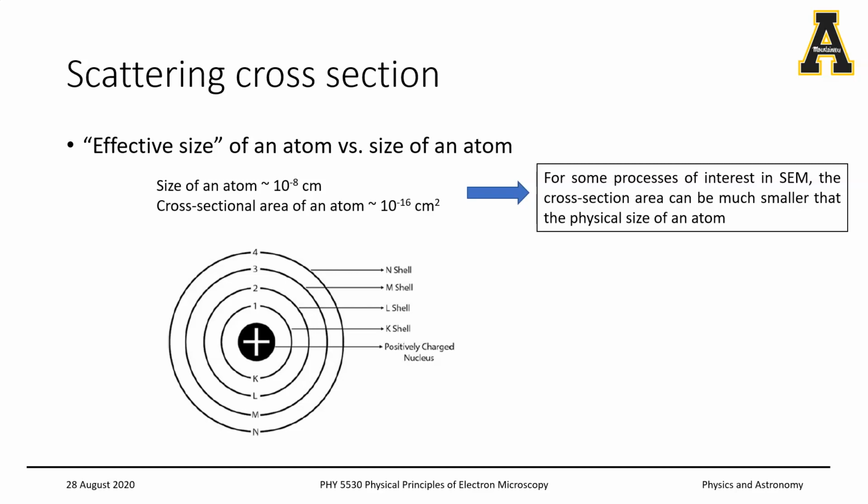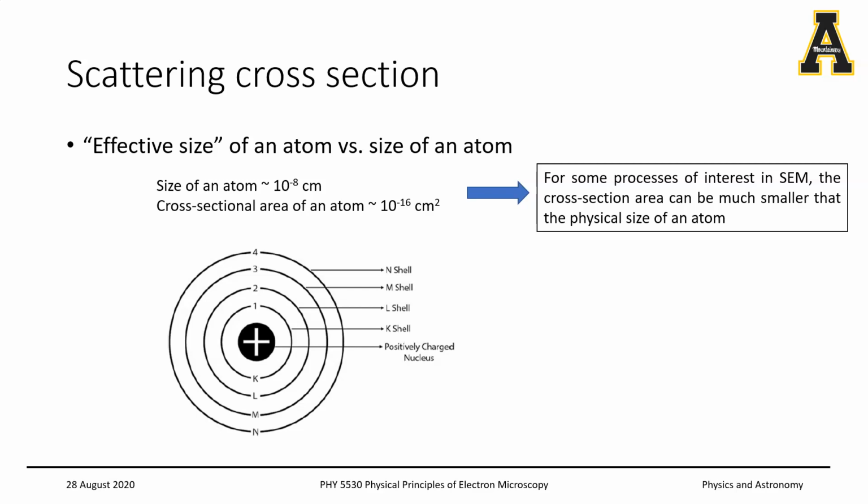Typically the size of the atom is about half a nanometer, so that's in the order of 10 to the negative 8 centimeters. But the cross section area is related to the process that you're trying to look at. So it could be as small as 10 to the negative 16, which is orders of magnitude smaller than the size of an atom, or it could be as large as infinity, depending on what kind of scattering event you are trying to look at.